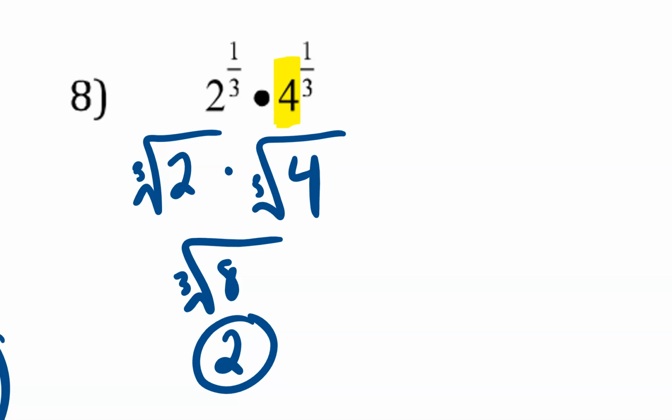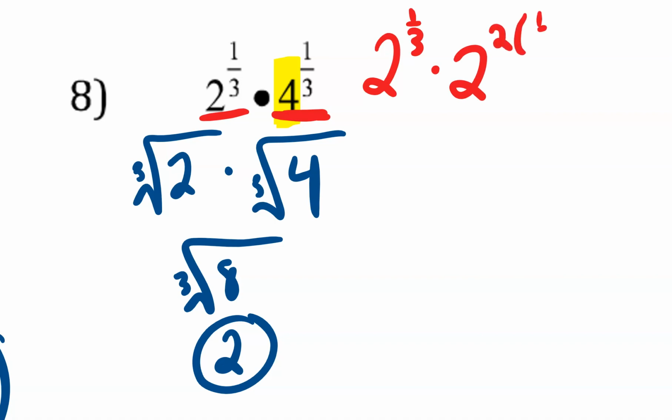This was a base of 2, 2 to the 1/3. This one was 4. I also want this to have a base of 2. So 4 is the same as 2 squared. So I just replace the 4. I'll rewrite this a little bit. I replace the 4 with a 2 squared. And then I just multiply 2 times 1/3.